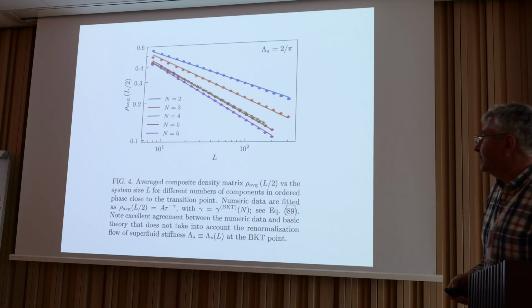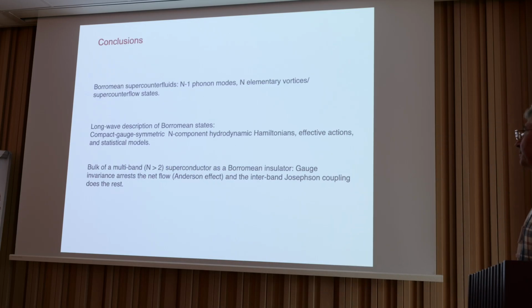Okay, actually I'm done. Those are 3 simple pieces of conclusion. So we have Brownian supercounterfluids, n-1 phonon modes, and elementary vortices. We have a long wave description of Brownian states in terms of compact gauge symmetric n-component hydrodynamic Hamiltonians, zero temperature effective actions, and statistical models at finite temperature.